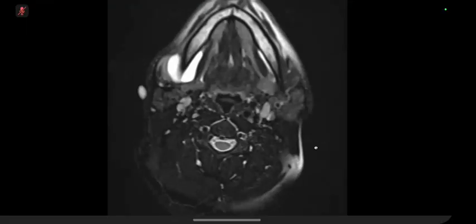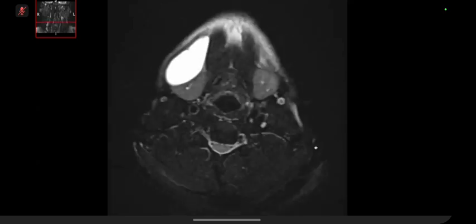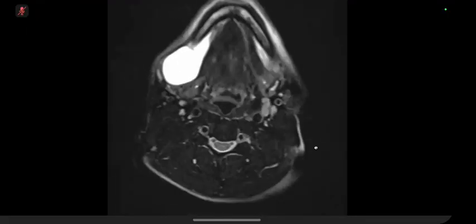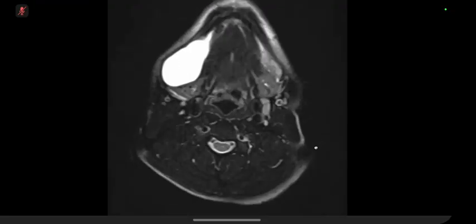I think this is a marker they have put on the right side. The parotid gland appears to be normal, and the submandibular gland otherwise also appears to be normal.